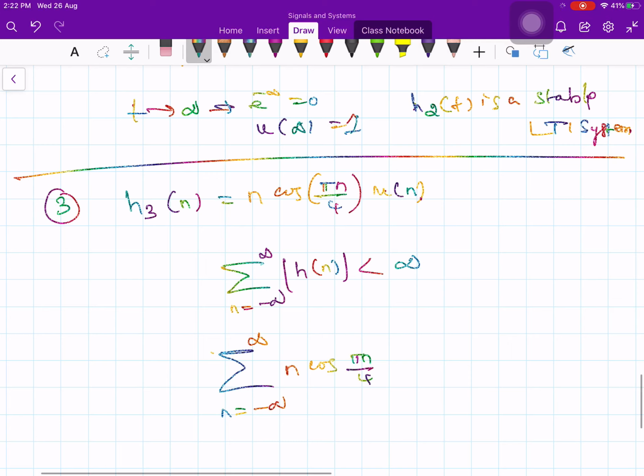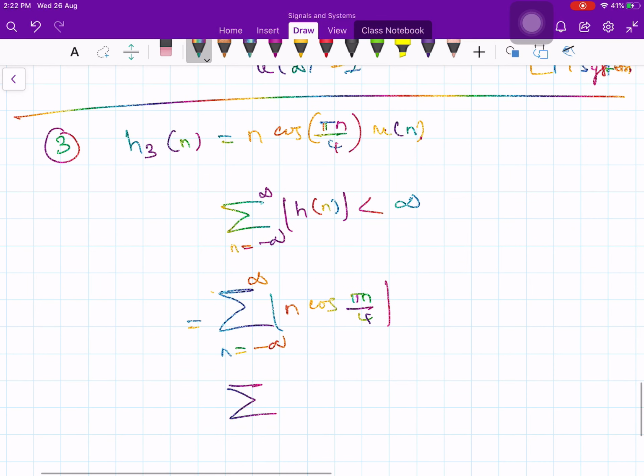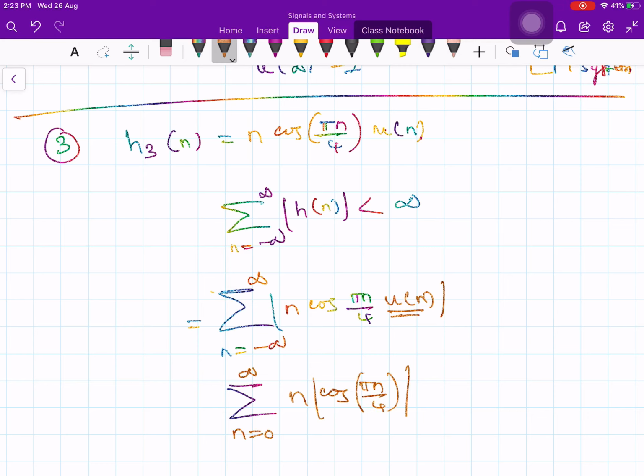Because of the u of n, it is one sided, so it starts from n equal to 0 to infinity, n times cos of pi n by 4. You take the magnitude, and n comes out of that magnitude. Now what is the sequence?